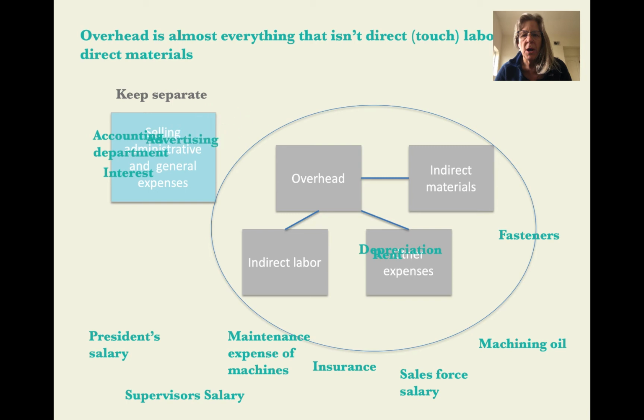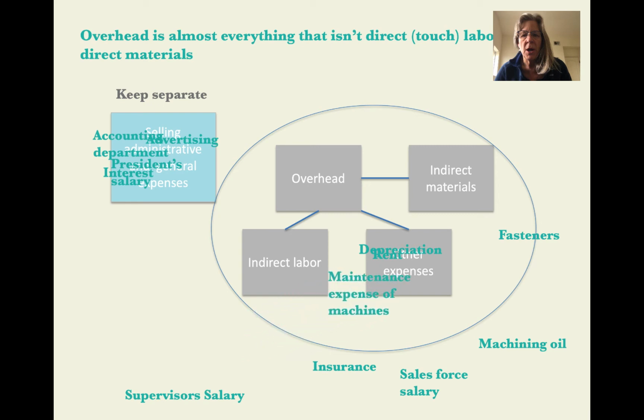Advertising, too, is what's considered a selling expense, not associated with manufacturing. President's salary, again, is in the higher level allocations that are not allocated, that are kept in selling, general, administrative expense. Now, the maintenance of the machines, though, is included in the manufacturing processes.